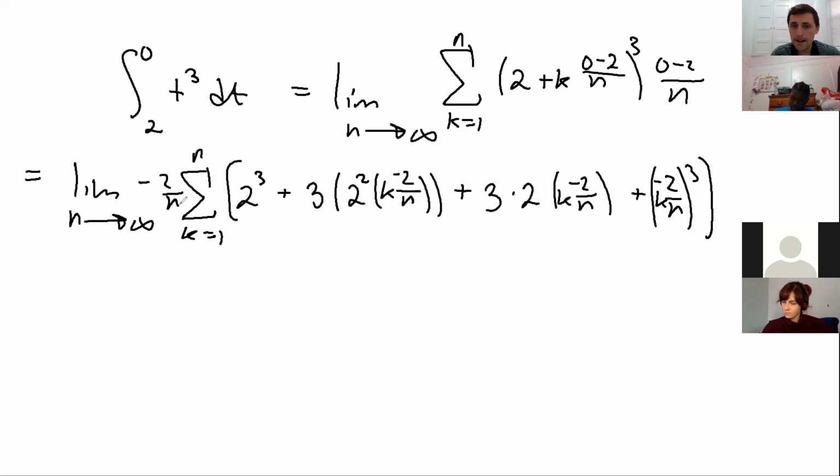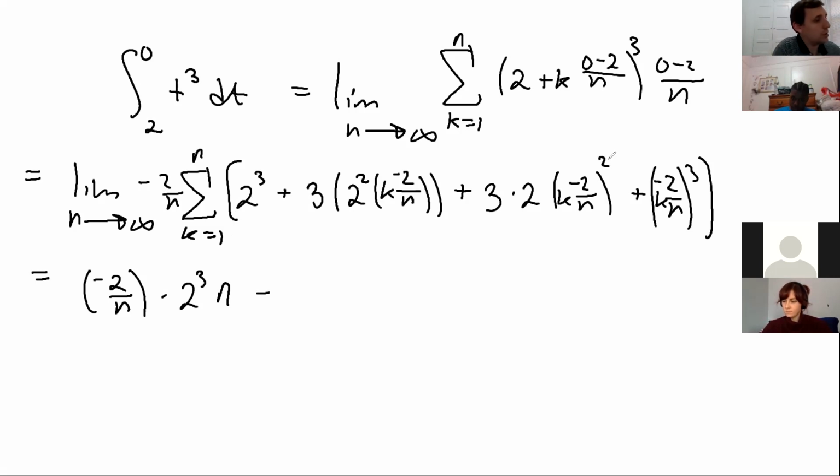Yeah? So what do we have here? If you look at the summation, it's minus 2 divided by n times 2 cubed times n, if I sum it here. Then the next one is minus, here we have 2 over n, it should be squared, by the way.